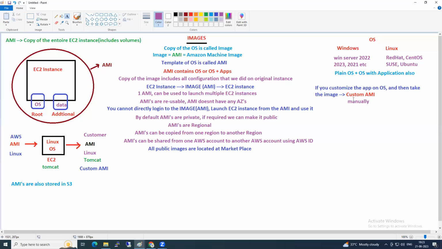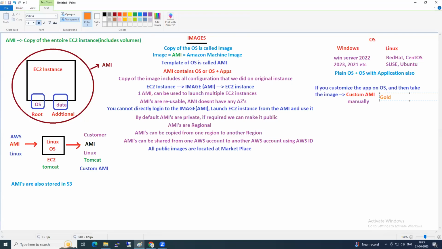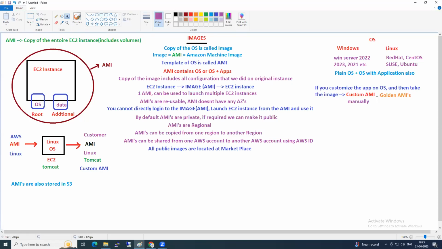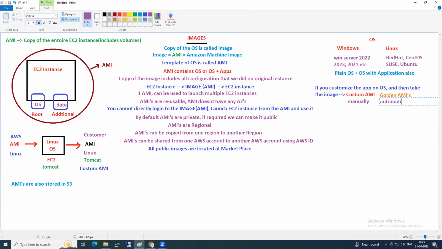But if you want to create these images automatically, you can also create them. Those are called golden AMIs. What are they called? Golden AMIs. So golden AMIs are created automatically.